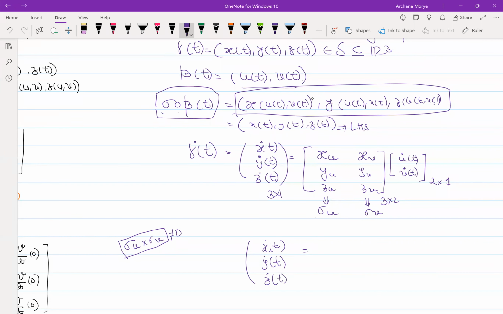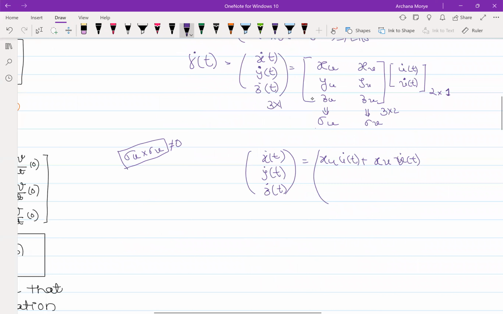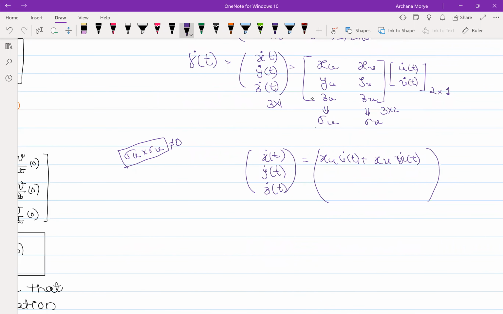This is equal to XU times U dot of t, plus XV times V dot of t. Then YU U dot of t plus YV V dot of t, and ZU U dot of t plus ZV V dot of t.